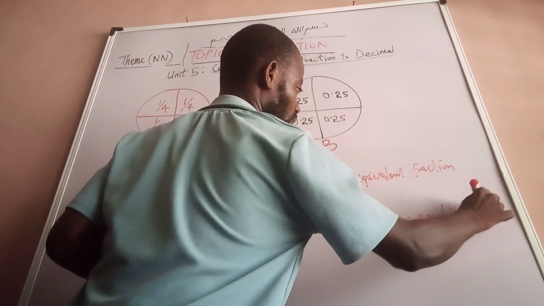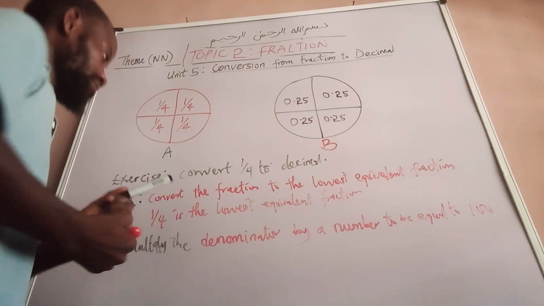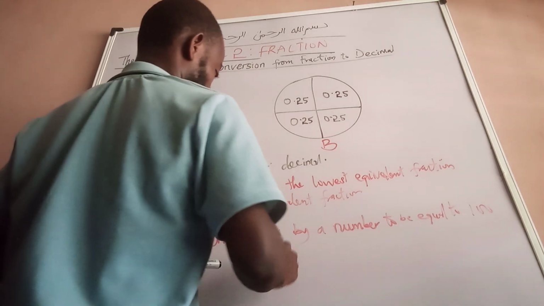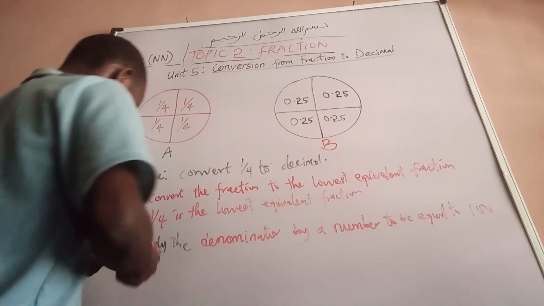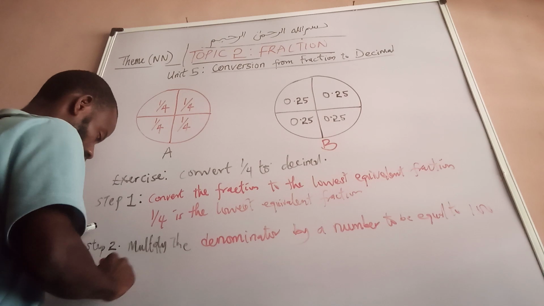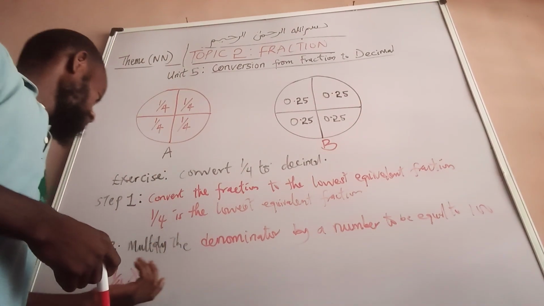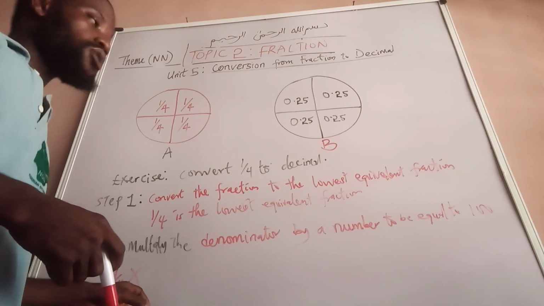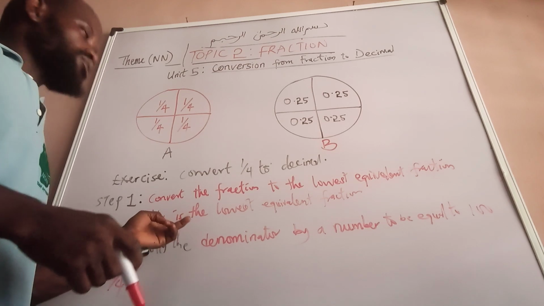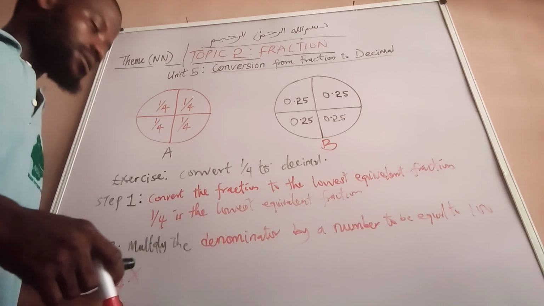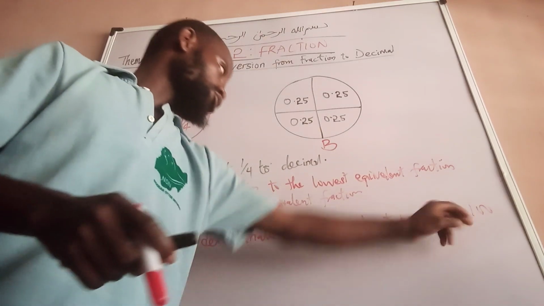Now, this is the denominator 4, right? Multiply the denominator. So now say 1 over 4 times. What number can we multiply by 4 to give us 100? We cannot get any whole number to multiply 4 and give us 10, so we move to the next one, which is 100.